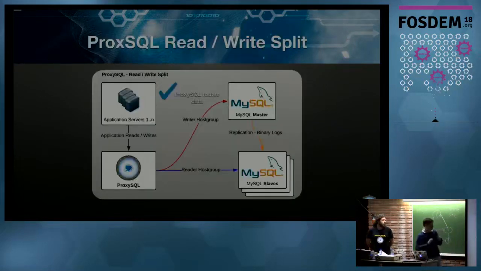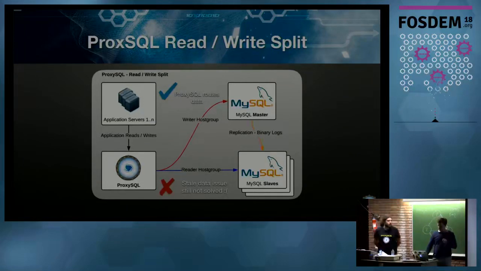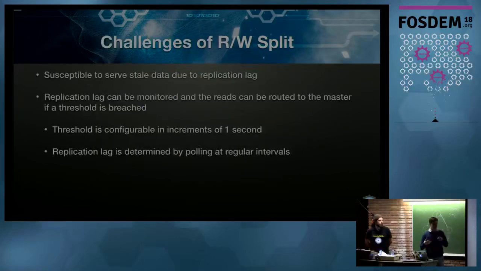So that one area is covered, but even with this configuration, stale data can be an issue. ProxySQL in itself does provide replication monitoring, so we can set a threshold, for instance, of 30 seconds and say if our data is more than 30 seconds old, or even 1 second old, don't read from this slave.